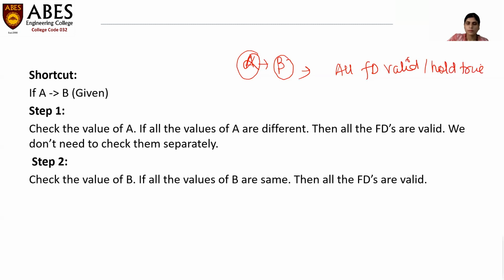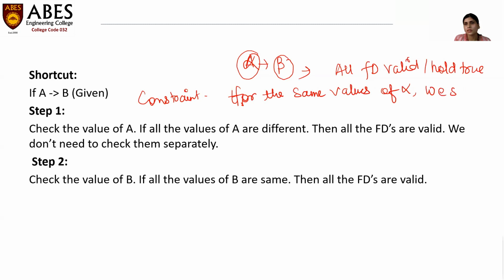Because the only constraint in the functional dependency is that for the same values of alpha, we cannot have different values of beta.